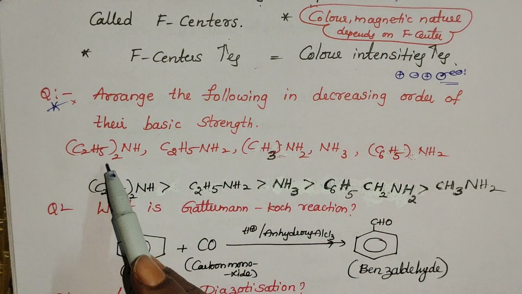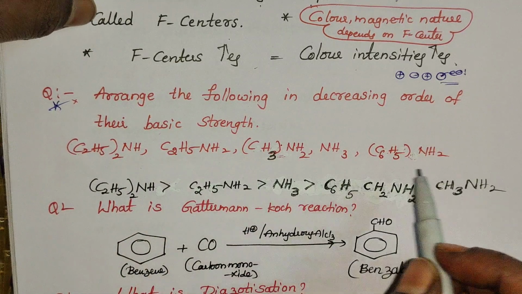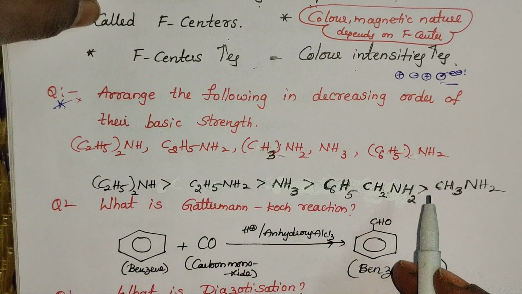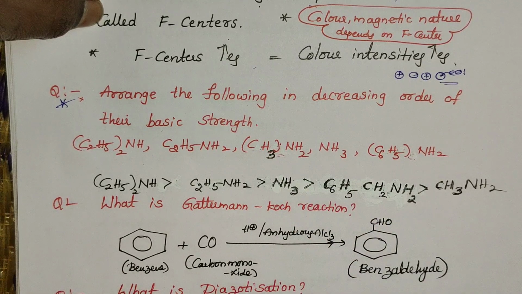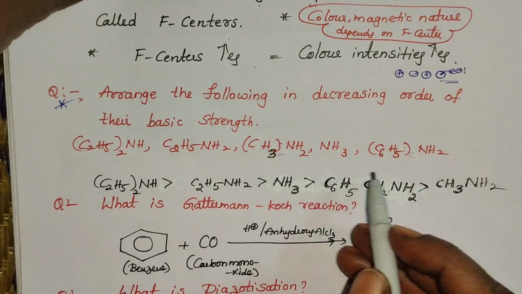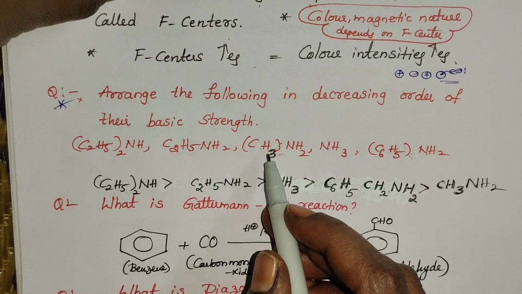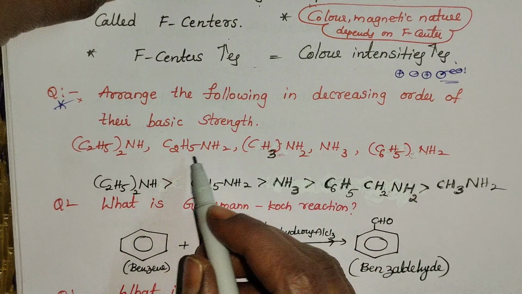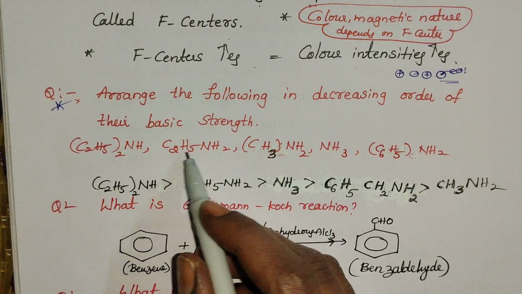Here diethylamine is given. These are all carbon, hydrogen, nitrogen related compounds: aniline, ammonia, and ammonia with one of the hydrogens substituted with the methyl group, and ammonia NH3 with one hydrogen substituted with the ethyl group.